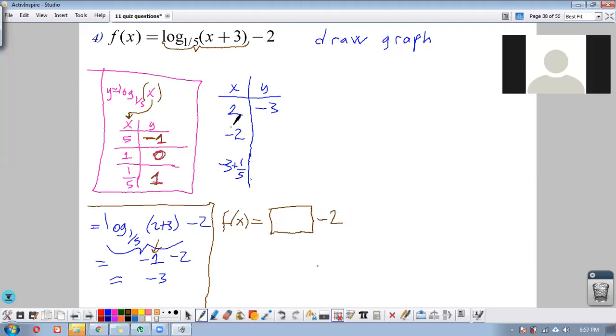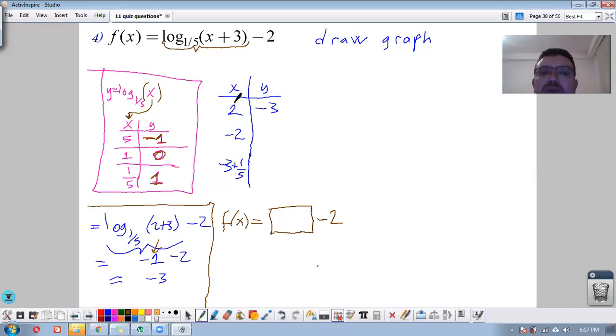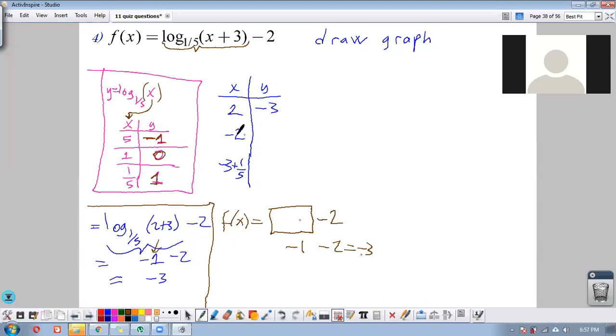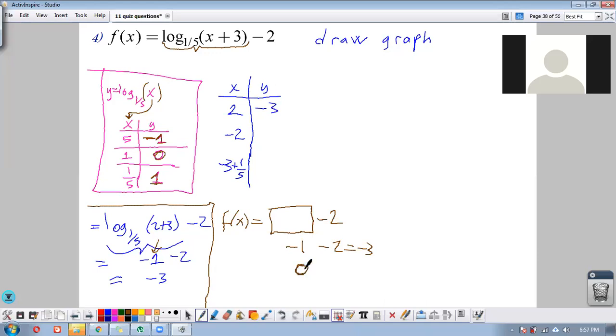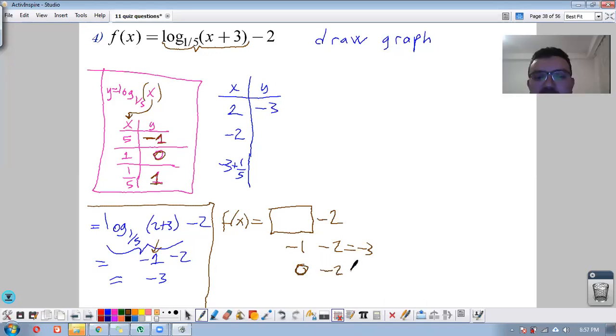So when you put number 2 instead of x, it will be like 5, and the result of the logarithm will be minus 1. Minus 1 minus 2 will give us the result minus 3. So when you put minus 2 instead of x, all of the logarithm will be like the second case, and the result of it will be 0.